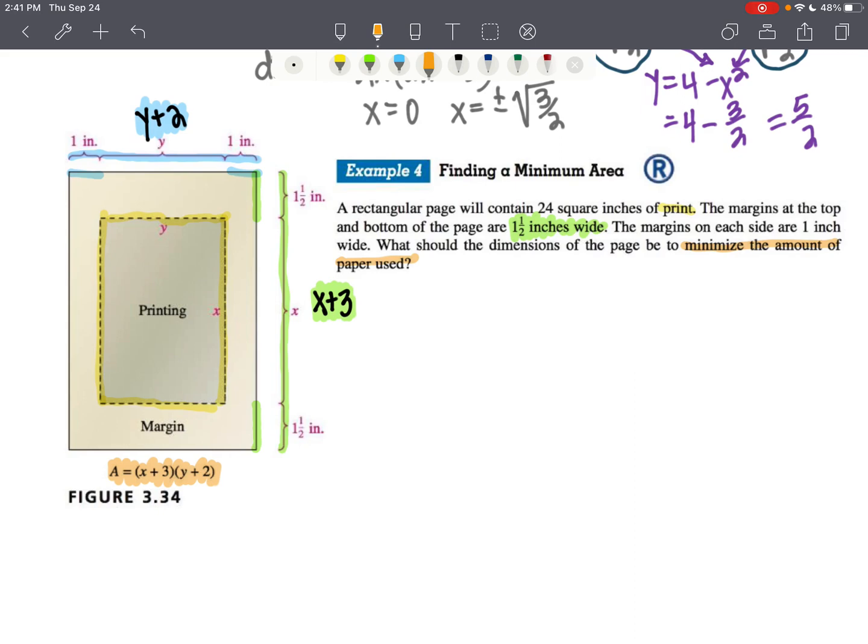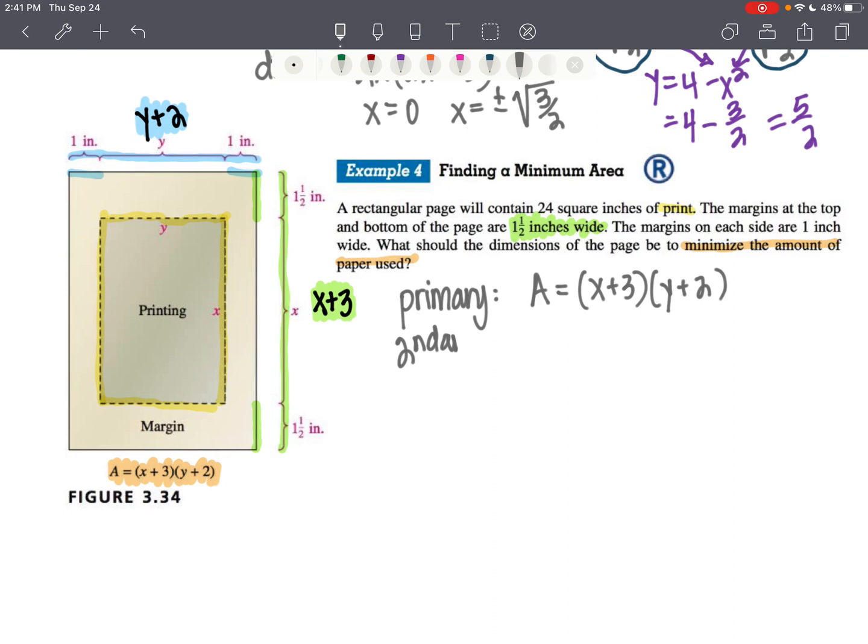Okay, I digress. Our primary equation. I like to write primary and secondary. So our primary is area equals x plus 3 times y plus 2. One too many variables. Our secondary is going to be, remember what I said in the very beginning.